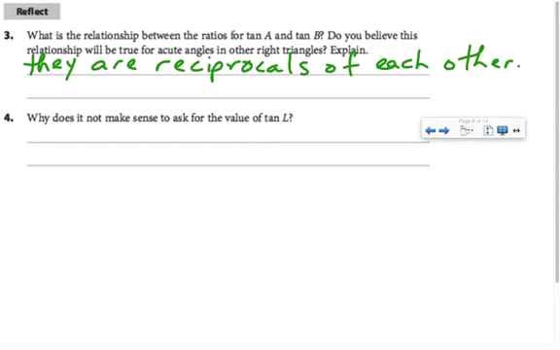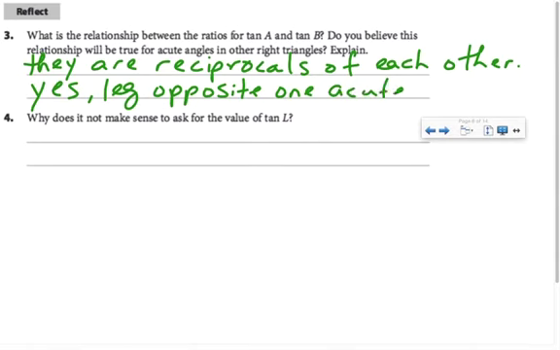Will this relationship be true for acute angles in other right triangles? Yes. The leg opposite one acute angle is adjacent to the other acute angle.